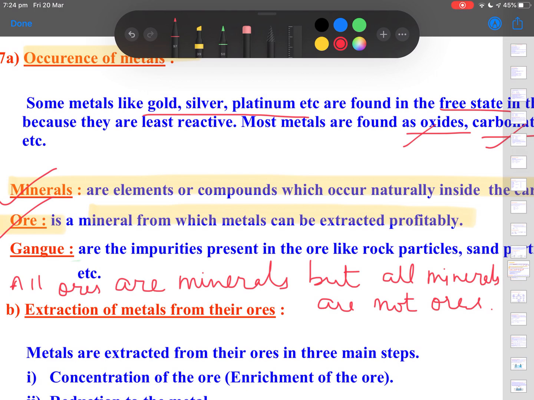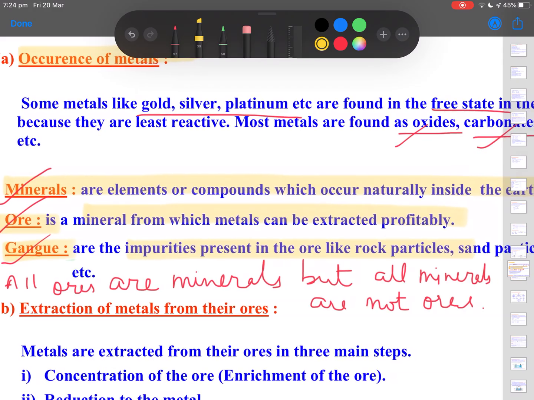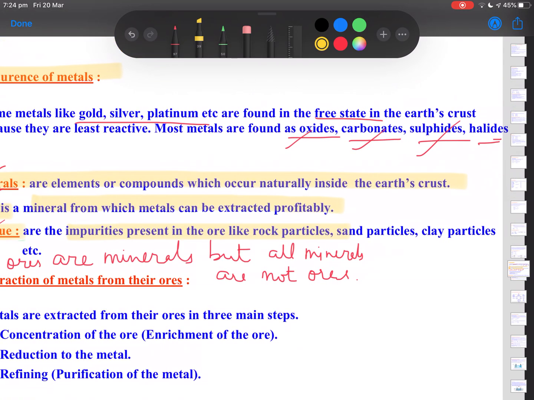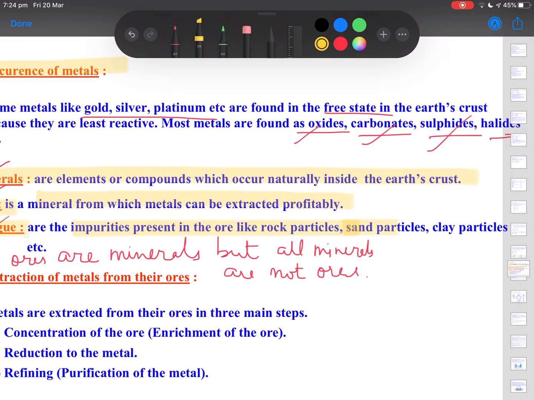Okay, next term I'll highlight for you, that's gangue. What is gangue? Of course, since metals are present in the earth crust, they will not be pure. They will be along with a lot of impurities. So all such impurities which are present in the earth crust along with such ores are known as gangue particles.